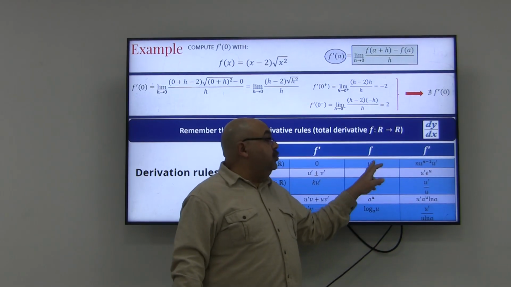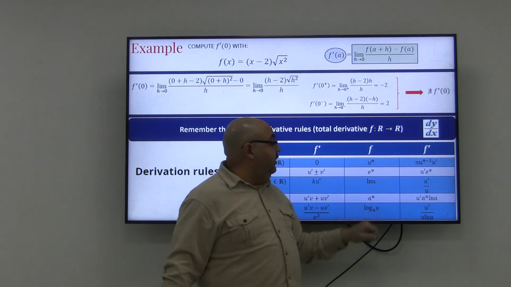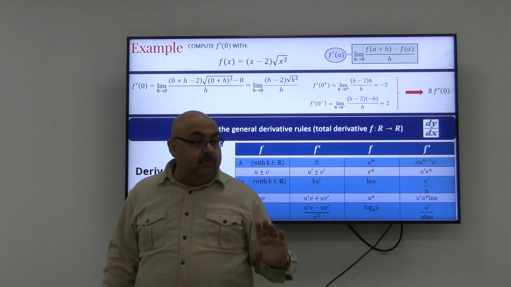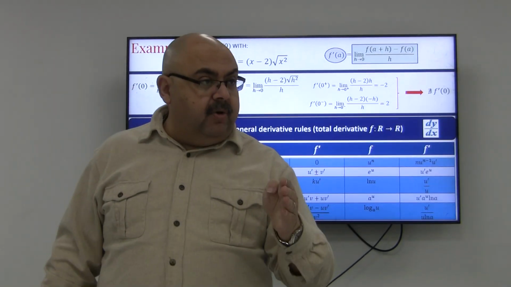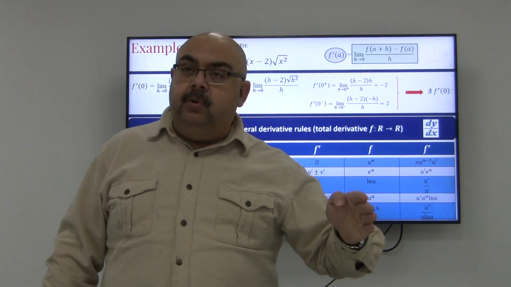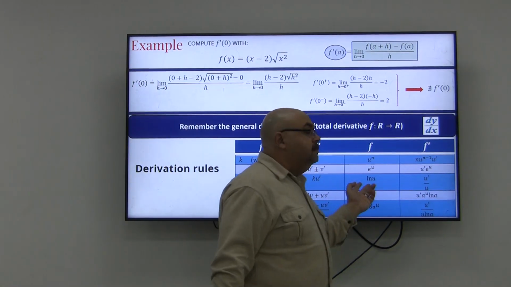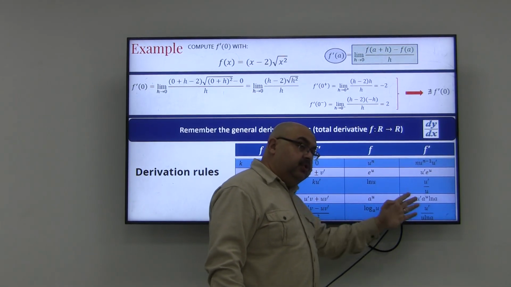Those laws are also really very important. If you have u to the power of n, the derivative will be n times u to the power of n minus 1. If I have exponential functions, e to the power of u, what's the derivative in this case? It will be the main function, e to the power of u, times the power's derivative, which is u dash. If I have ln u, the derivative will be 1 over u times u dash.